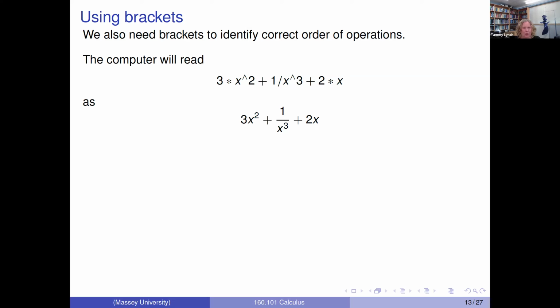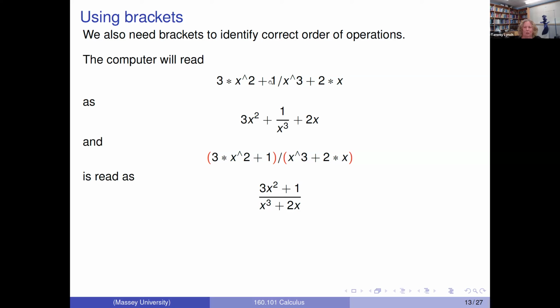Relatively straightforward. But what if I start adding some brackets into that expression? This is the same expression that I had before, only now I've put some brackets in some key places. And the brackets around this expression here say that everything inside here is divided by everything that's inside these brackets.